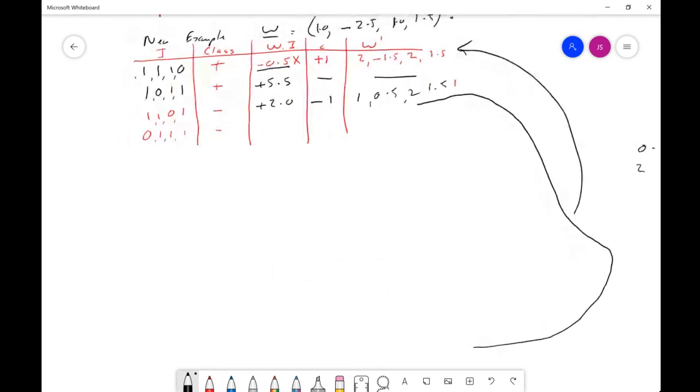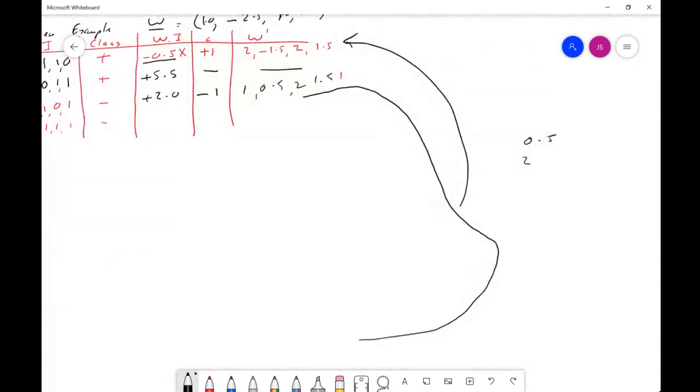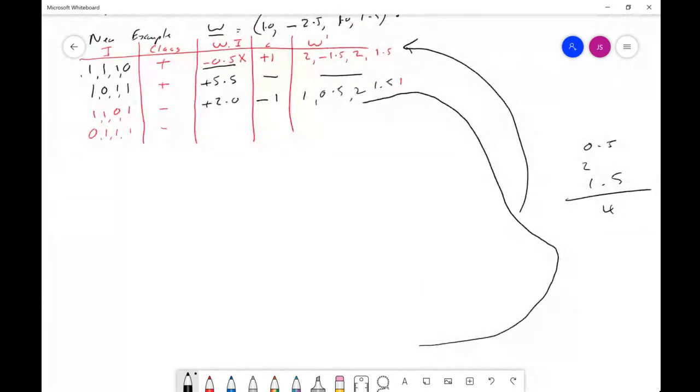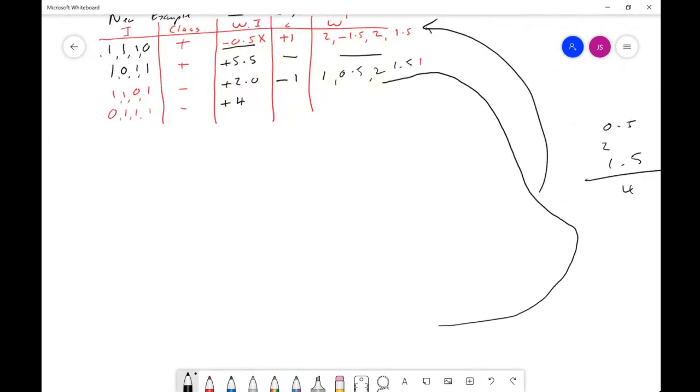Fourth element is 1.5, giving me 1, 2, 3, 4. So the response is plus 4. It is wrong. Negative class, positive response. C equals minus 1. And so we now subtract the current pattern from the latest weight vector.